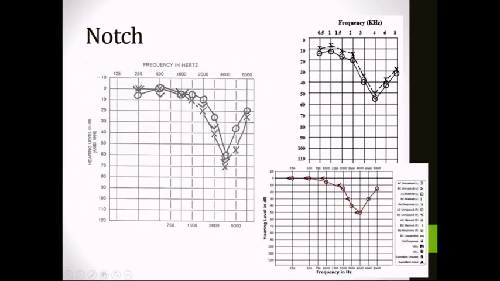You almost always see a notch at 3,000 hertz or 4,000 hertz when you have noise-induced hearing loss. And occasionally you'll see other types of notches, but this notch at 3 or 4K is almost always, and sometimes you'll even see that in the description: a noise notch at 3,000 hertz or 4,000 hertz, or notch at 4,000 hertz, likely noise-induced.